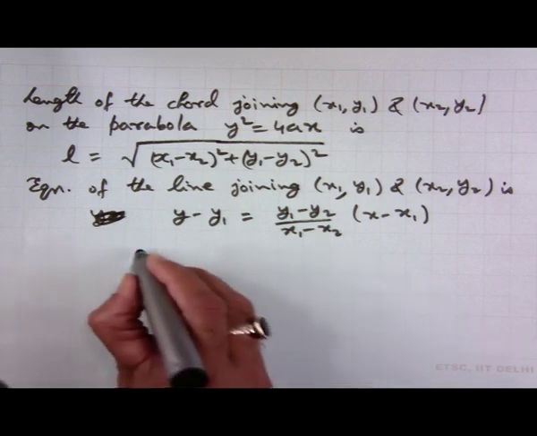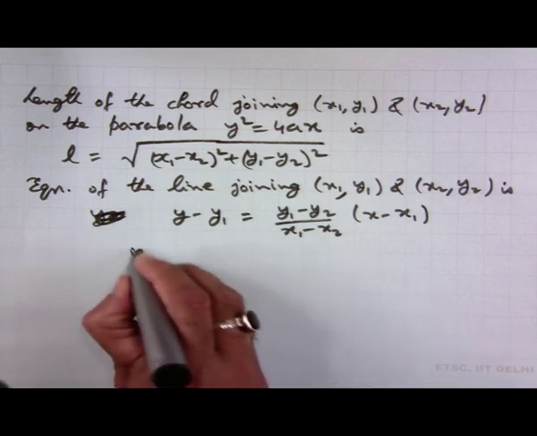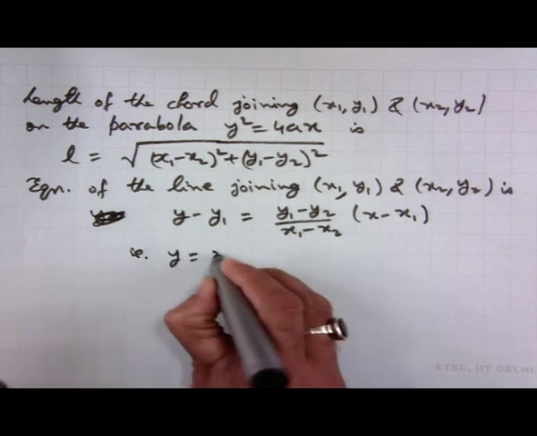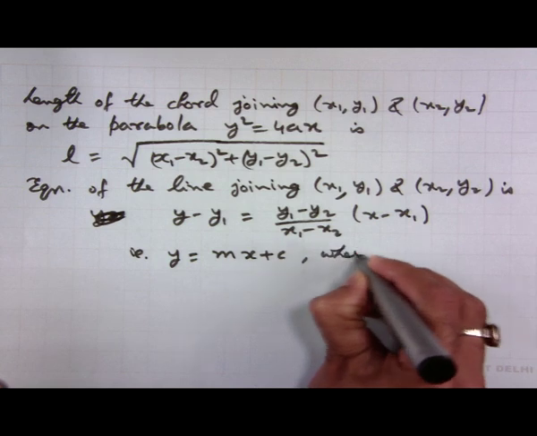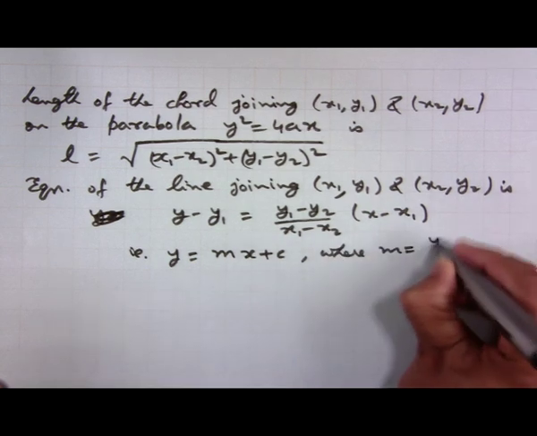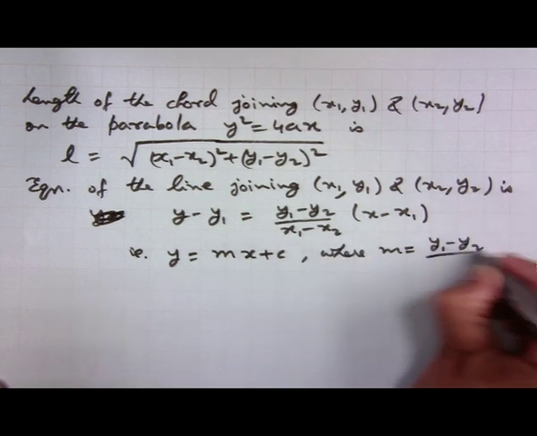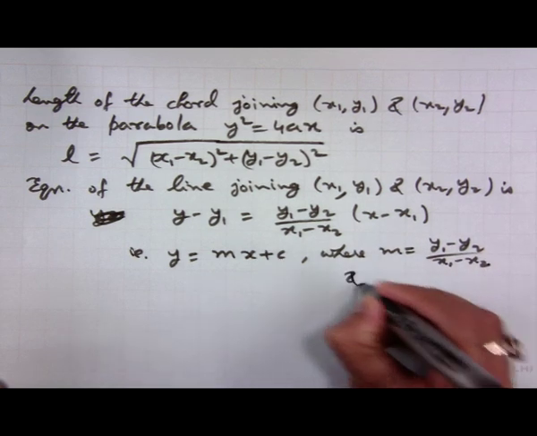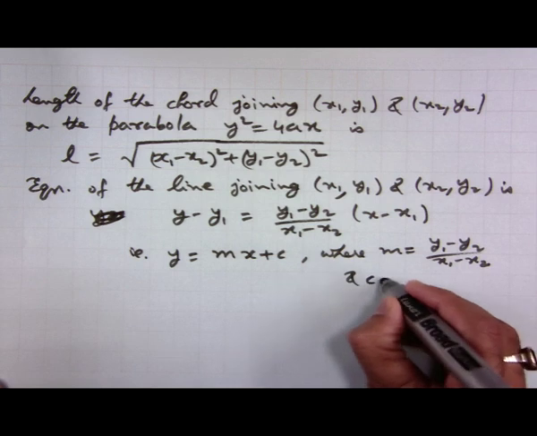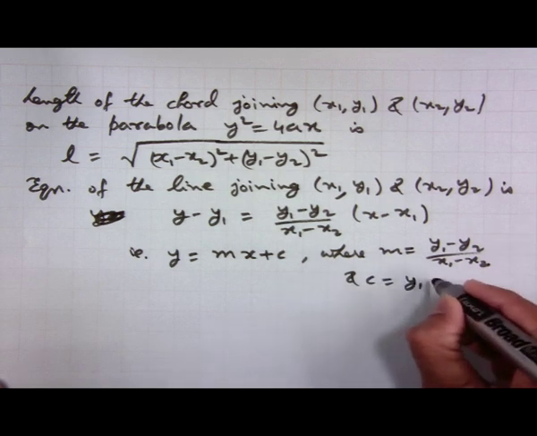This can be written as y equal to m x plus c, where m is y 1 minus y 2 by x 1 minus x 2 and c is equal to y 1 minus m x 1.